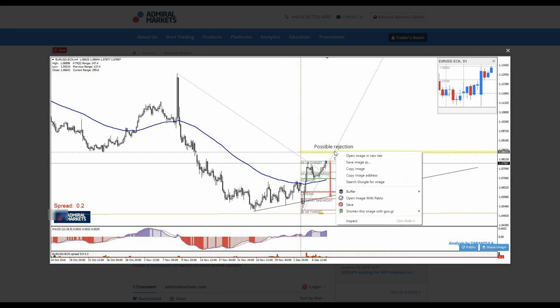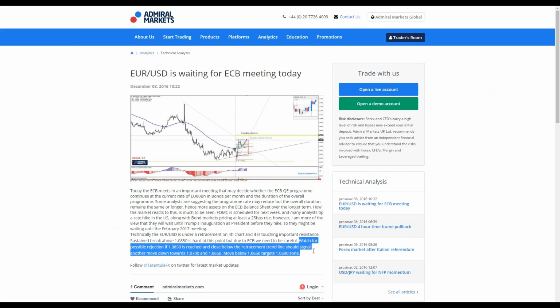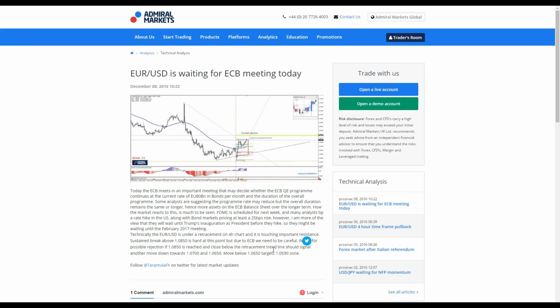But if you had taken the trade when this retracement trend line broke, then you would already been in profit. So I said, okay, here, watch for possible rejection, and a close below the retracement trend line should signal another move down.